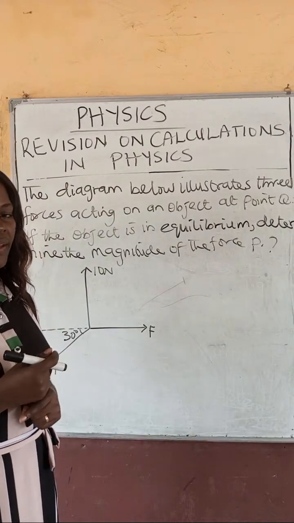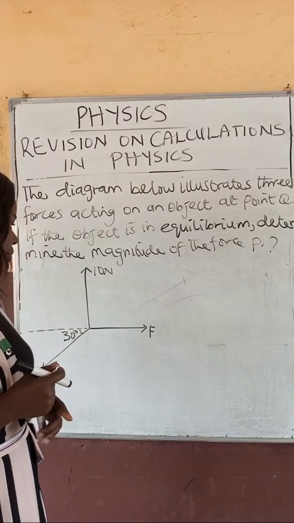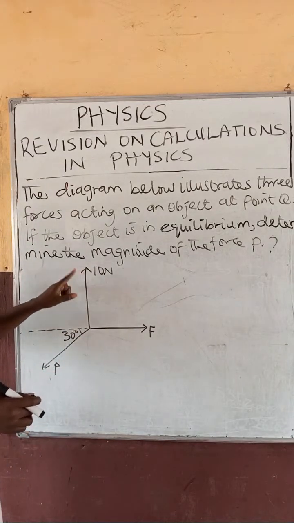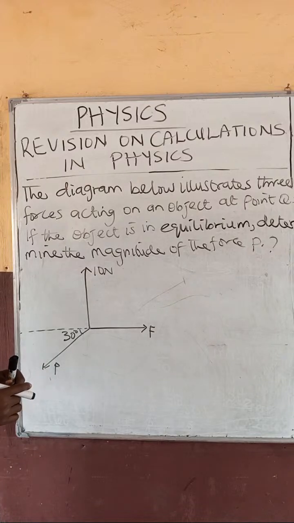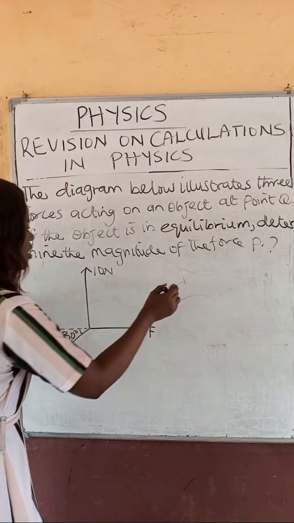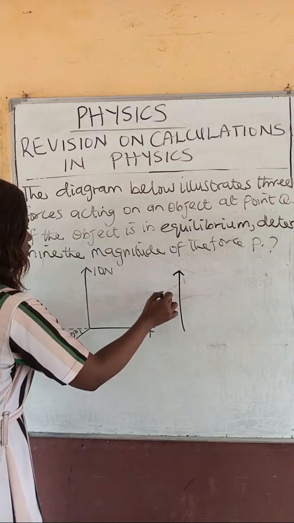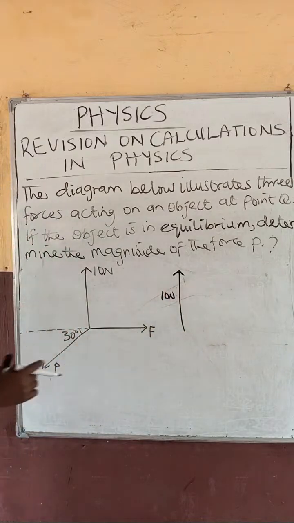I want you to pay attention, okay? Now look at this force, 10 Newton. It's acting upwards, right? So we go this way. This is acting upwards, a force of 10 Newton.